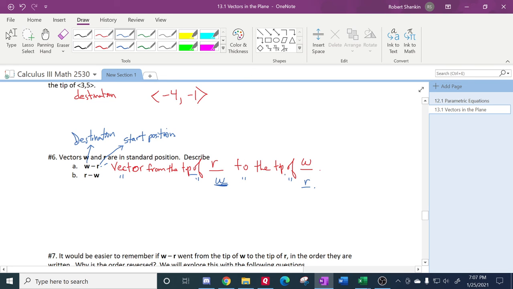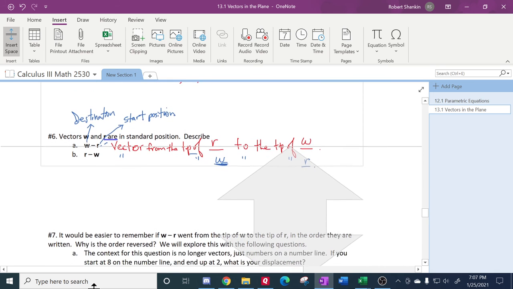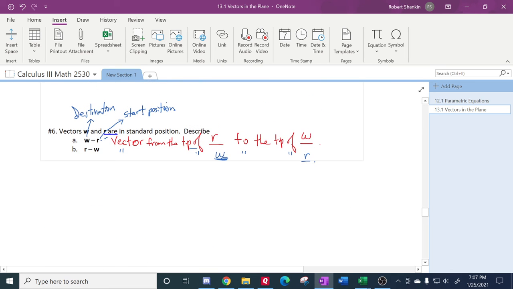I have a question. I have a difficult time understanding. The vectors W and R are in standard position. Standard position means it starts from the origin, isn't it? Correct. Then how do we know what W means and which one R means? It's too vague.